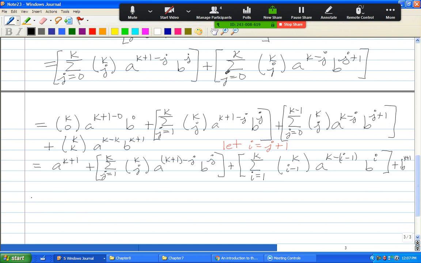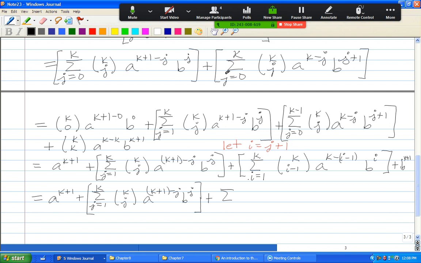So this is equal to a to the k plus 1 plus the sum j equaling 1 to k of k choose j a to the k plus 1 minus j b to the j, plus the sum.